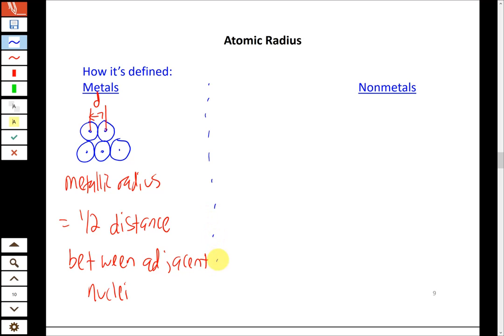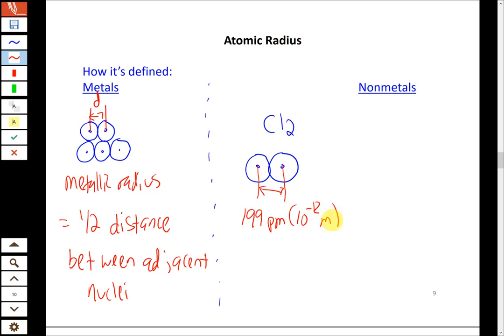And then for nonmetals, for some nonmetal elements, they exist in diatomic form. So for example, chlorine exists as Cl2, so these are now discrete molecules of chlorine. And we can likewise use different techniques to measure this distance between the two nuclei, which for chlorine comes out to 199 picometers, where a picometer is 10 to the minus 12 meters.